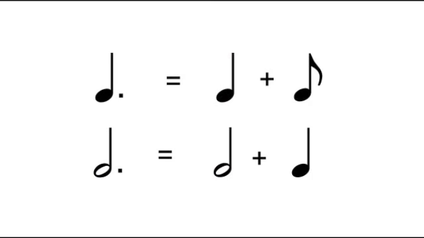So the dotted crotchet or quarter note is worth 1.5 beats, or the same as a crotchet plus a quaver. The dotted minim or half note is worth 3 beats, or the same as a minim plus a crotchet. Dots have the same effect when applied to rests.